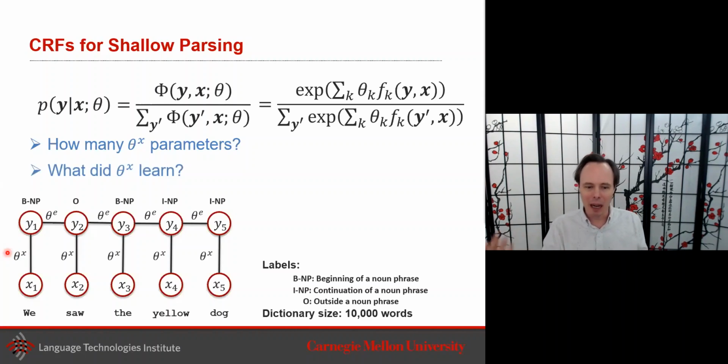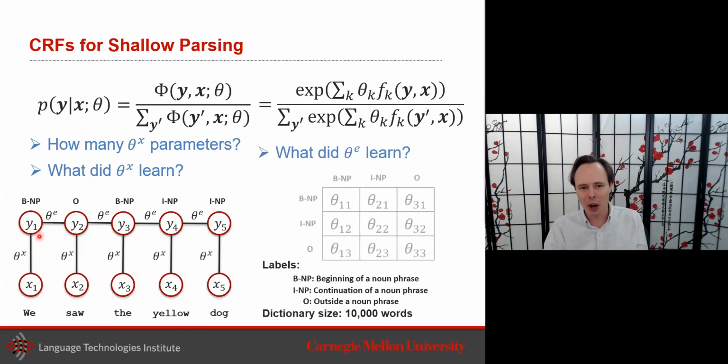It will be 3 times 10,000, so 30,000. And what it learns is how likely that word is to co-occur with the beginning; that's the potential it is going to learn.